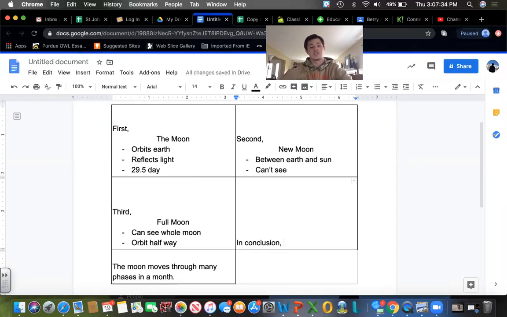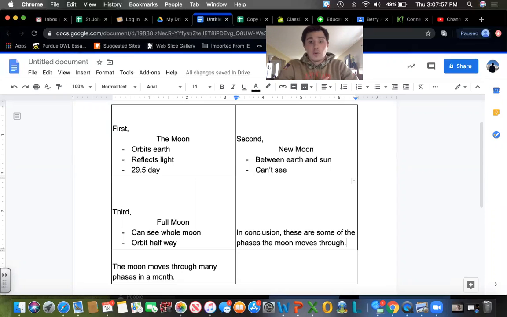So I will say my introduction was the moon moves through many phases in a month. So in conclusion, these are some of the phases the moon moves through, period. And we're done. All right.